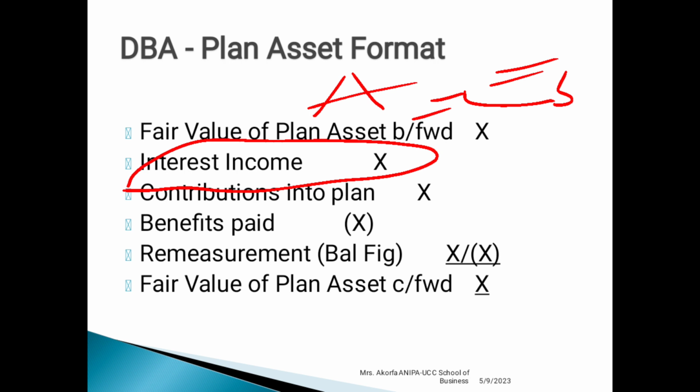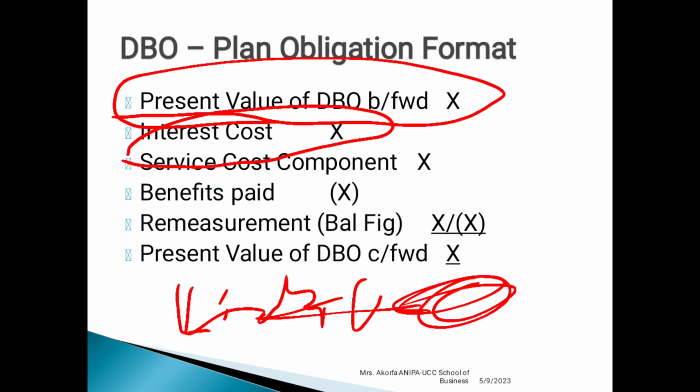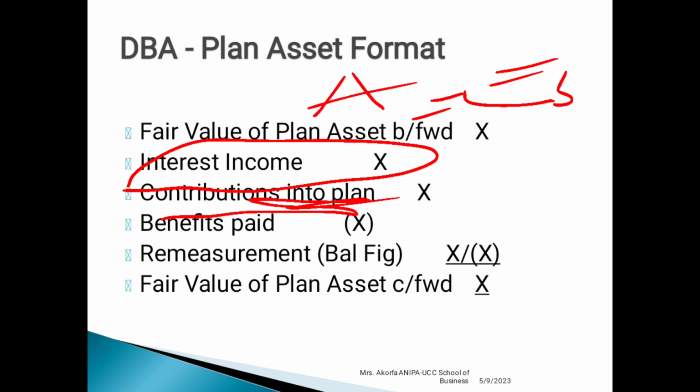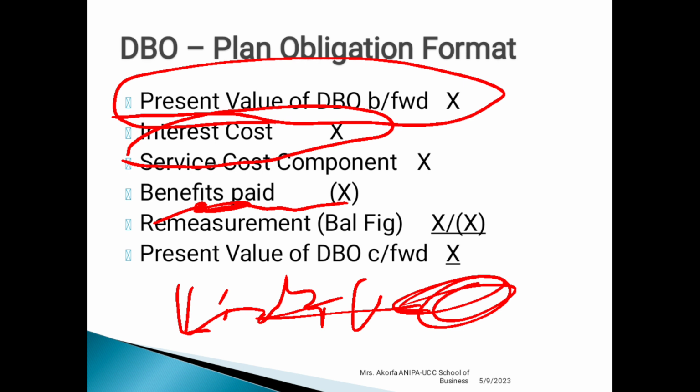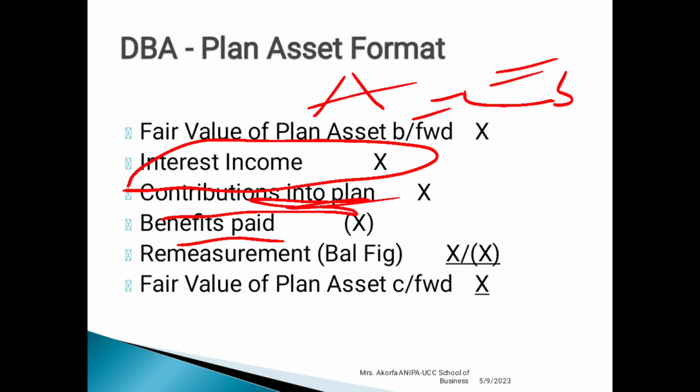So fair value of plan assets brought forward, interest income, contributions into plan. But see here, service cost components, benefits paid. So actually it's like contributions paid. So here too we have benefits paid, but the benefits paid here is different from the benefits paid here.